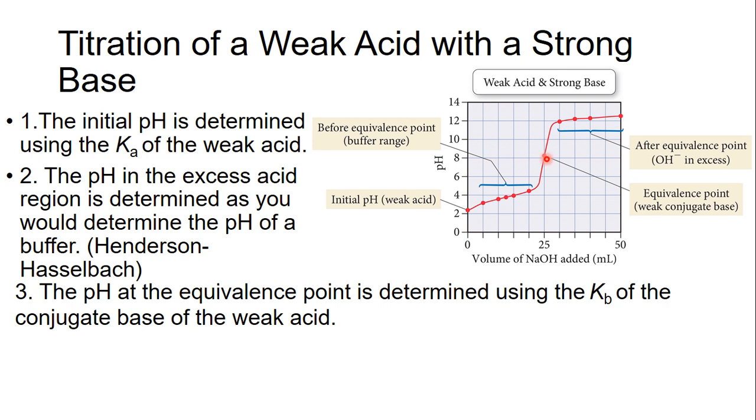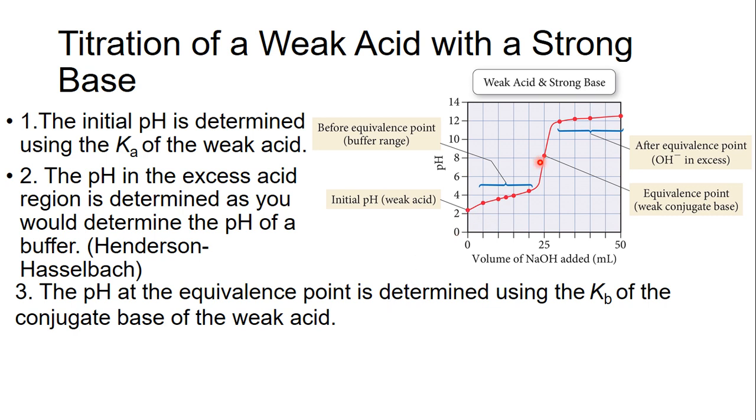Then, at some point, you're going to reach the equivalence point. That is, the amount of base you added, your NaOH, equals the amount of acid you started with. And so at this point, you have to ask yourself, what is in solution? Well, all of your strong base has interacted with all your weak acid.